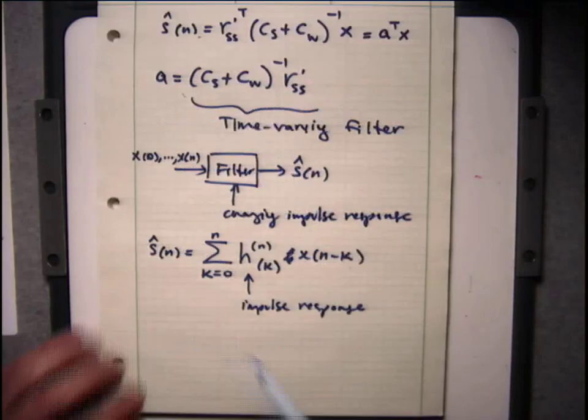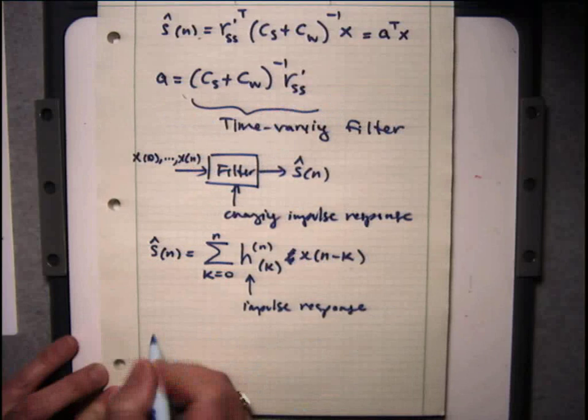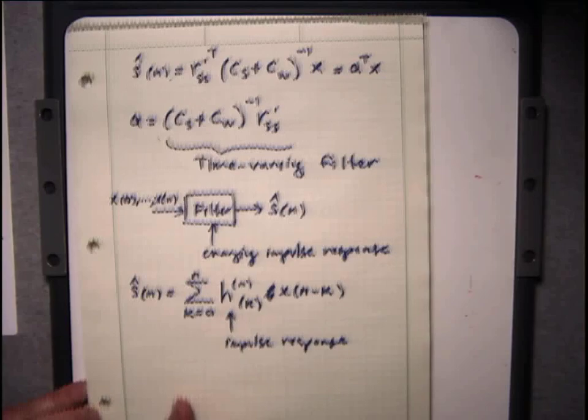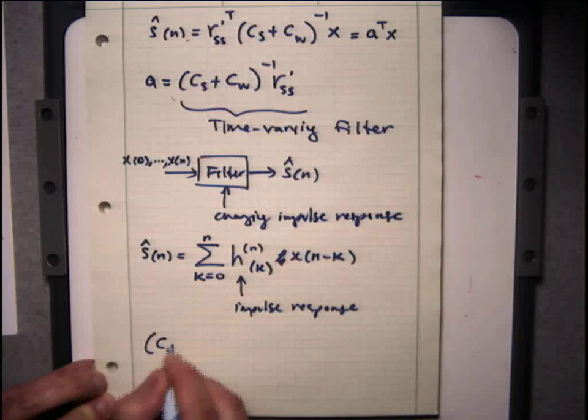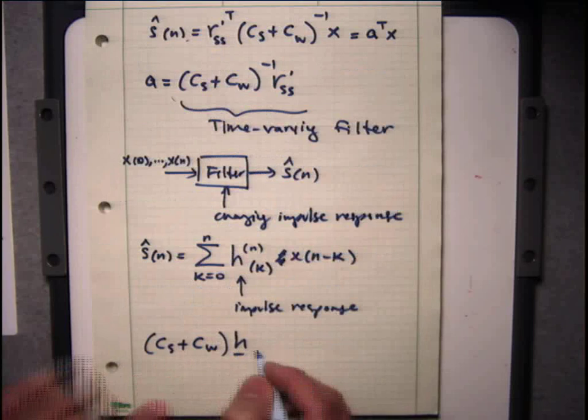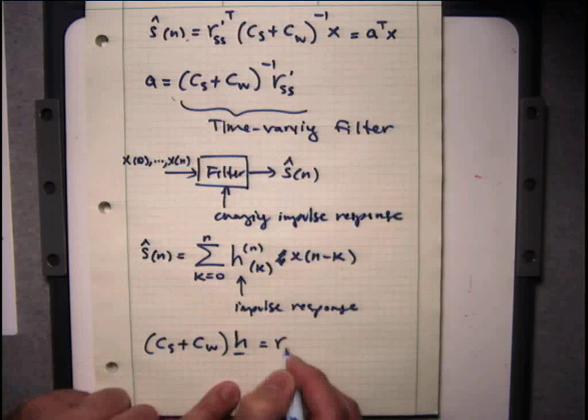So if you compare this equation to this equation, what you have is CS plus CW times H, and this H is a vector that I'm going to define in just a second. This is RSS.